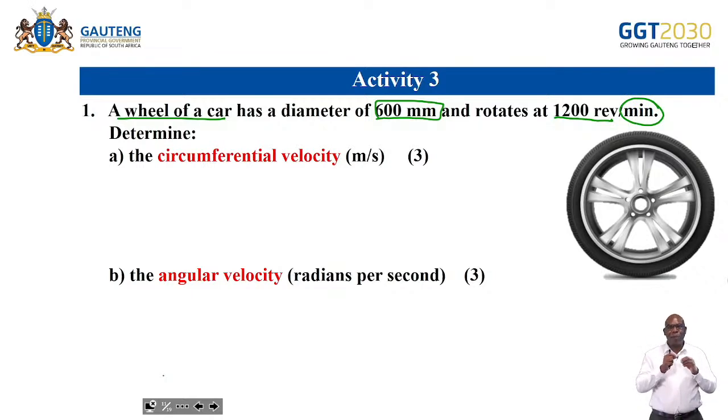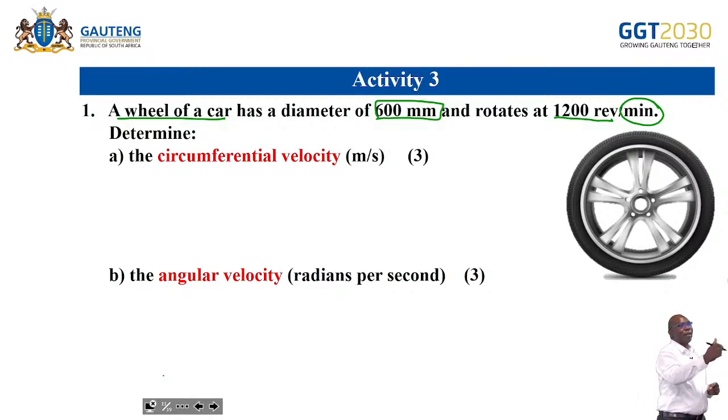It's very, very important that you underline those words, so that when you look at the question, you understand what it is that you must substitute and how you must substitute it. It's not just a question of substituting into the formula, because then you're going to get it wrong. Now, let's look at it. The first question says, determine the circumferential velocity in meters per second.